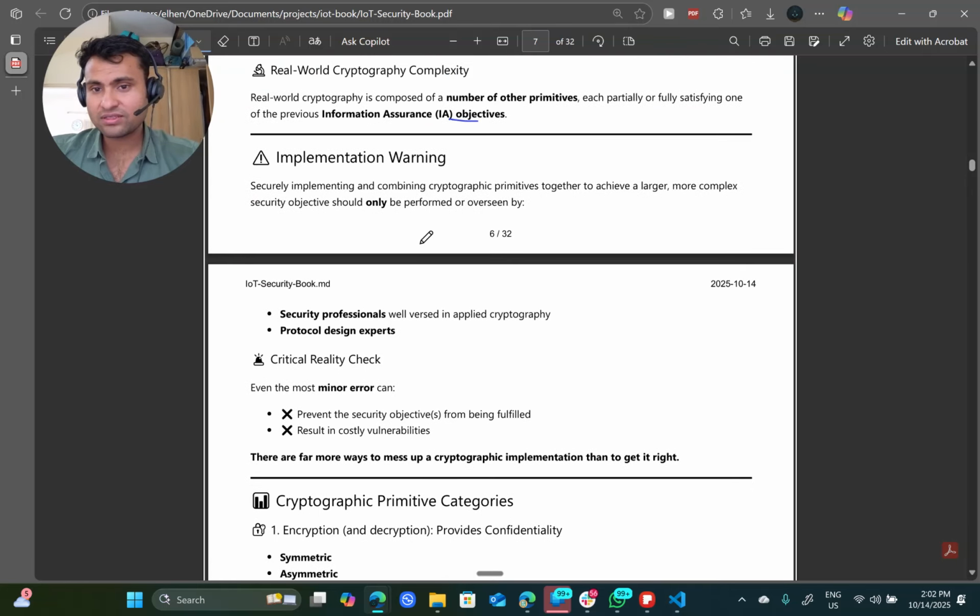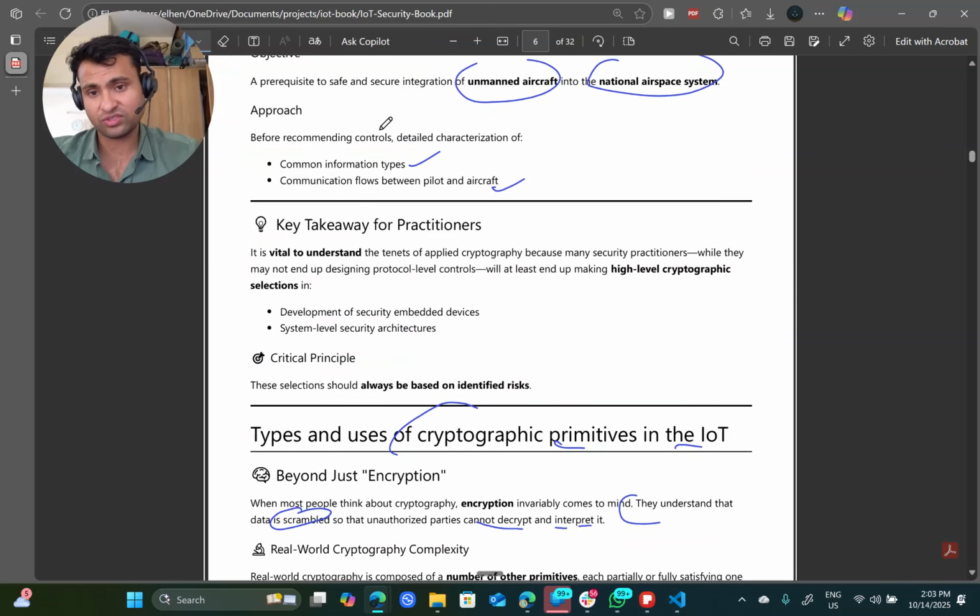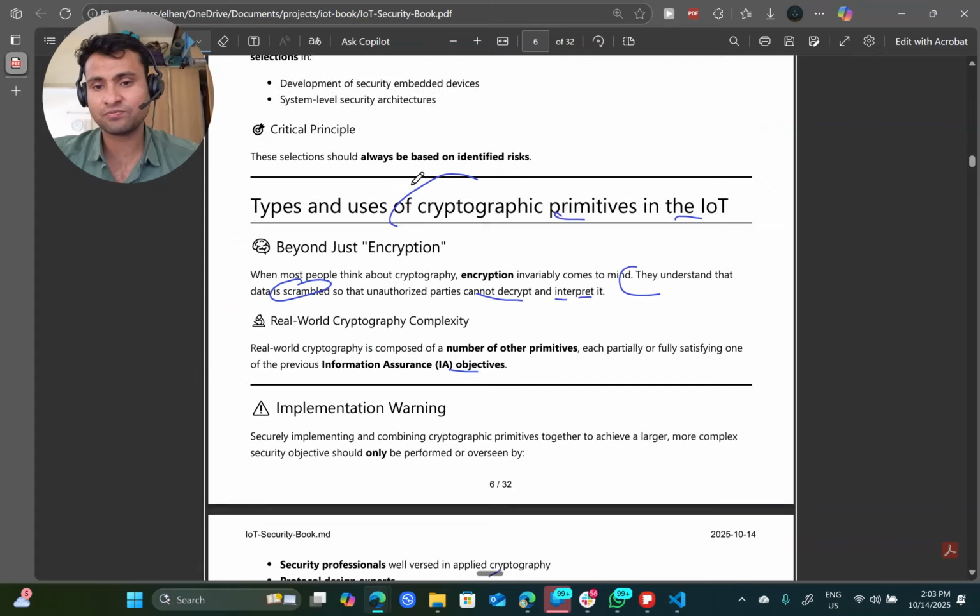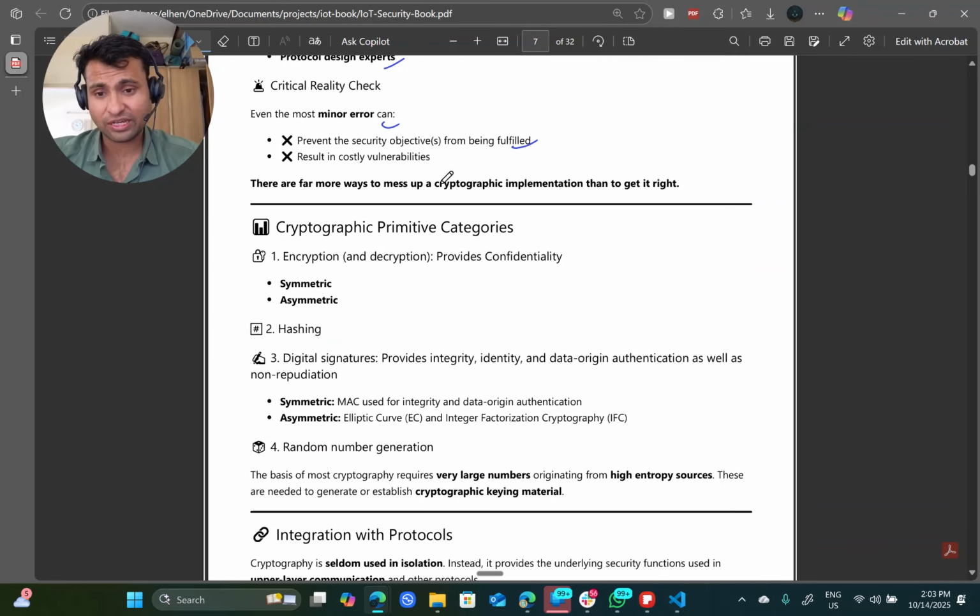As an implementation warning, this should only be handled by security professionals who are well versed, protocol design experts, and even a minor error can prevent the security objectives from being fulfilled. If any one of these four is failing, then the whole cryptographic algorithm is failing.